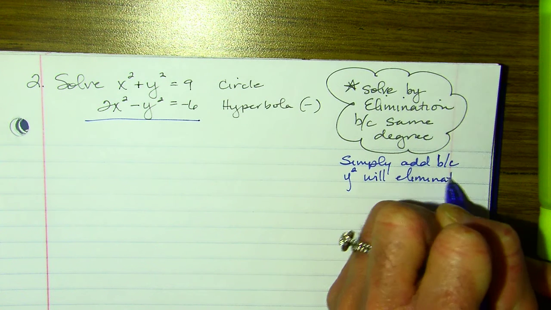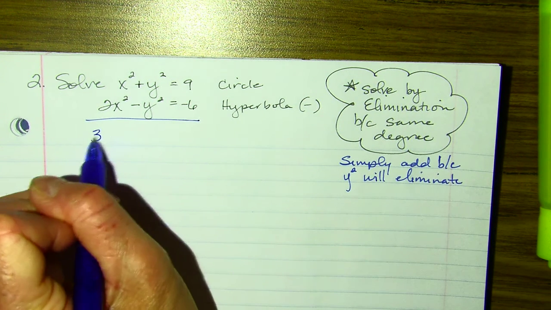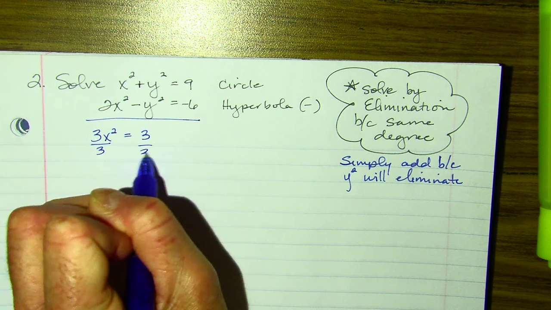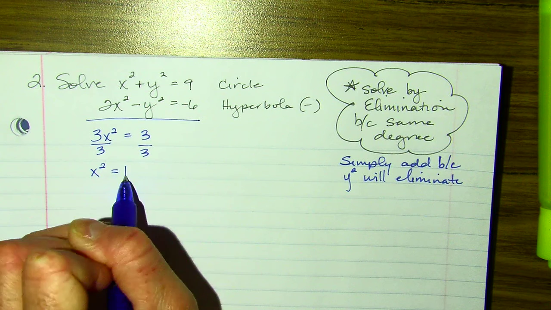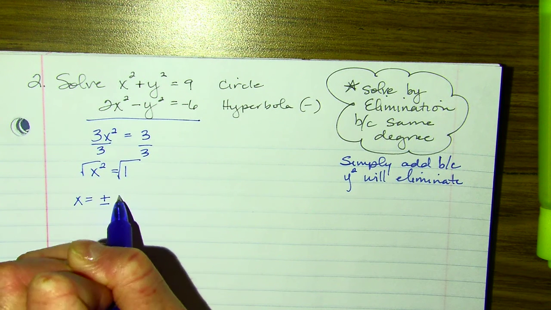That's why it's called elimination, because if I add these equations, it'll eliminate y squared. So that gives me 3x squared equals 3. Divide by 3, x squared equals 1, square root, x equals plus or minus 1.